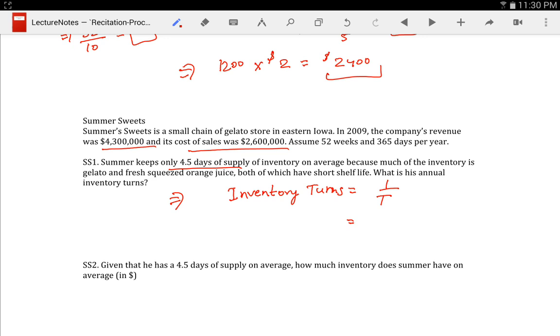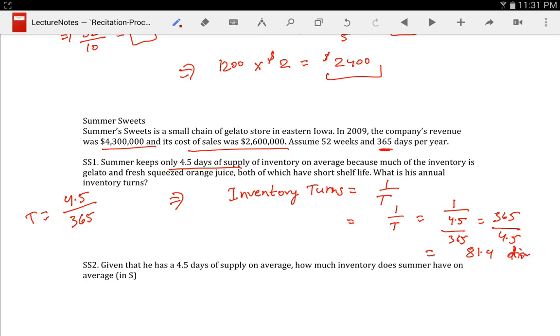So our T is expressed in terms of days, so we have to convert it in terms of year first. So 4.5 days, to convert this in terms of year, we have to divide by 365, taking 365 days per year. So our T is 4.5 divided by 365, and 1 divided by T is 365 divided by 4.5, which comes out to be about 81.4 times. Sorry, 81.4 times, not days.